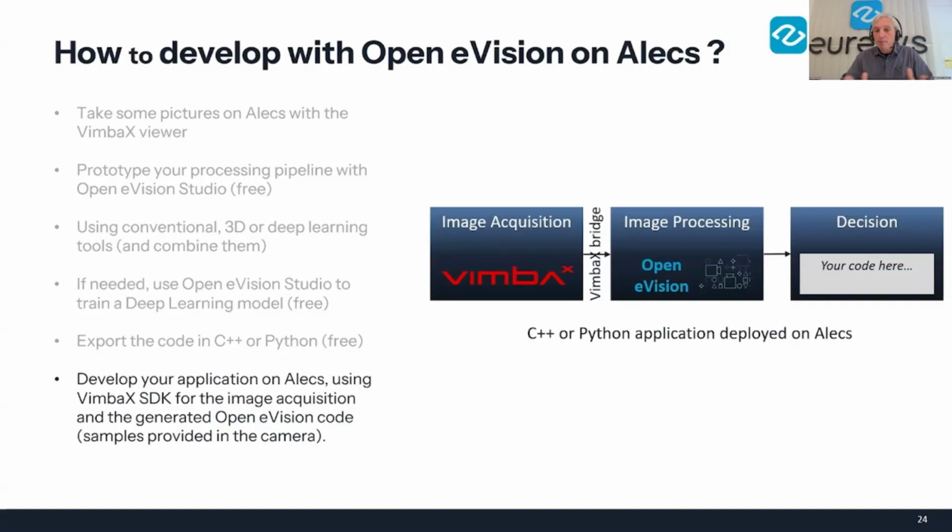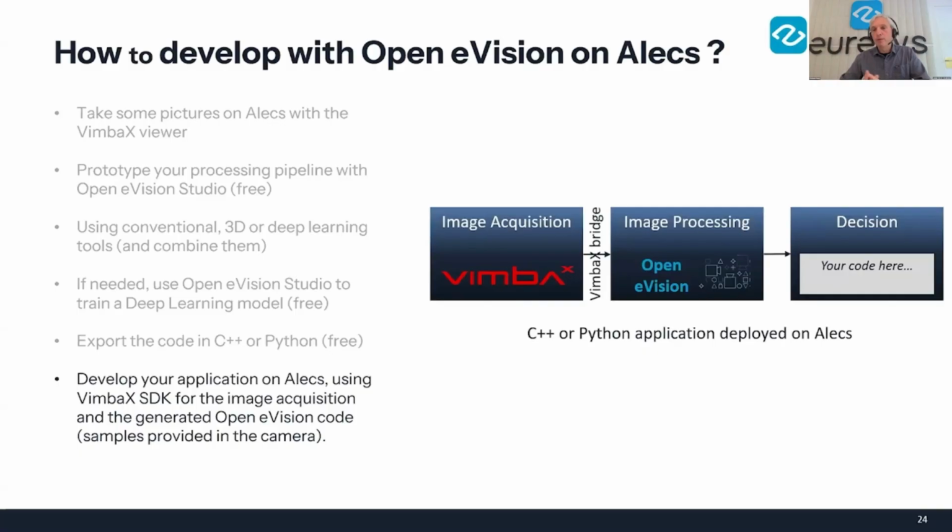A typical application in its simplest form is probably composed of 3 different parts. One part to acquire the images, and on Alex, that will use the Vimba-X SDK from Allied Vision. Then you pass that image to the image processing pipeline built with Open eVision, which is exactly and only the code you get from Open eVision Studio.